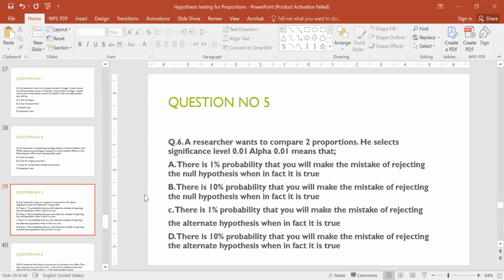Option C, there is 1% probability that you will make the mistake of rejecting the alternate hypothesis when in fact it is true. And option D, there is 10% probability that you will make the mistake of rejecting the alternate hypothesis when in fact it is true. Yes, option A is the correct answer.